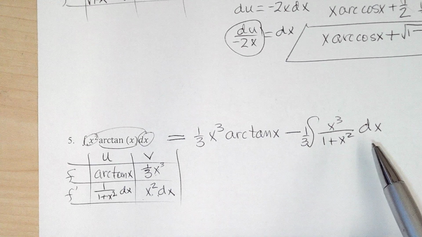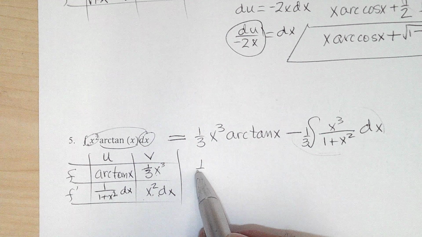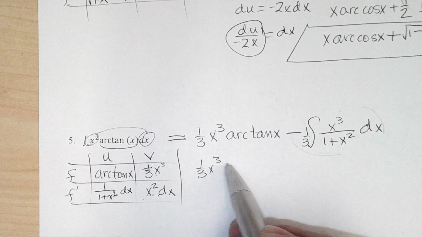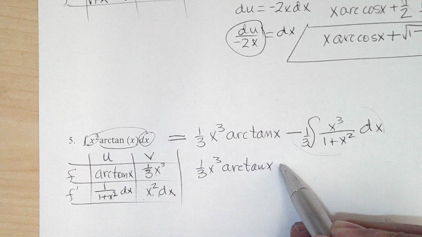To do this, I'm going to use substitution. So I got 1/3 x to the third arctangent x minus 1/3.